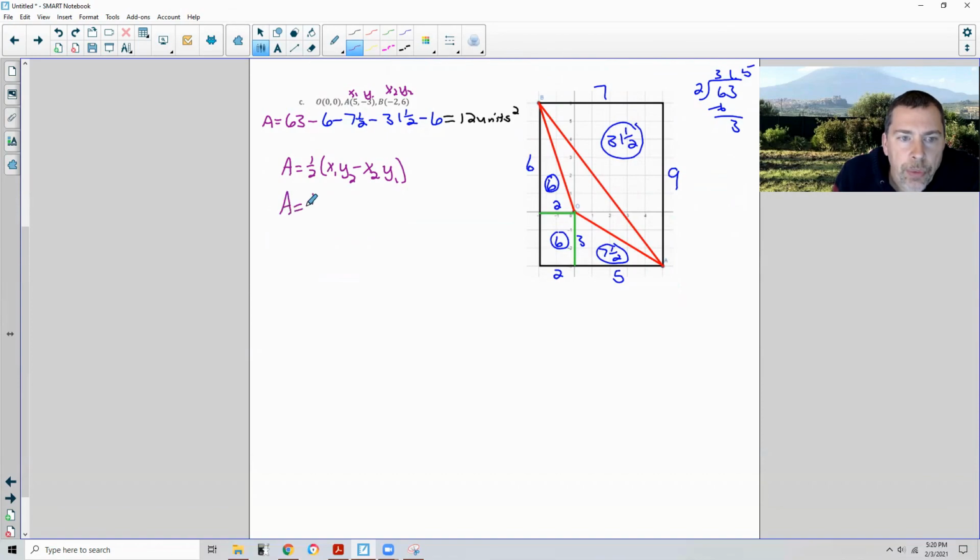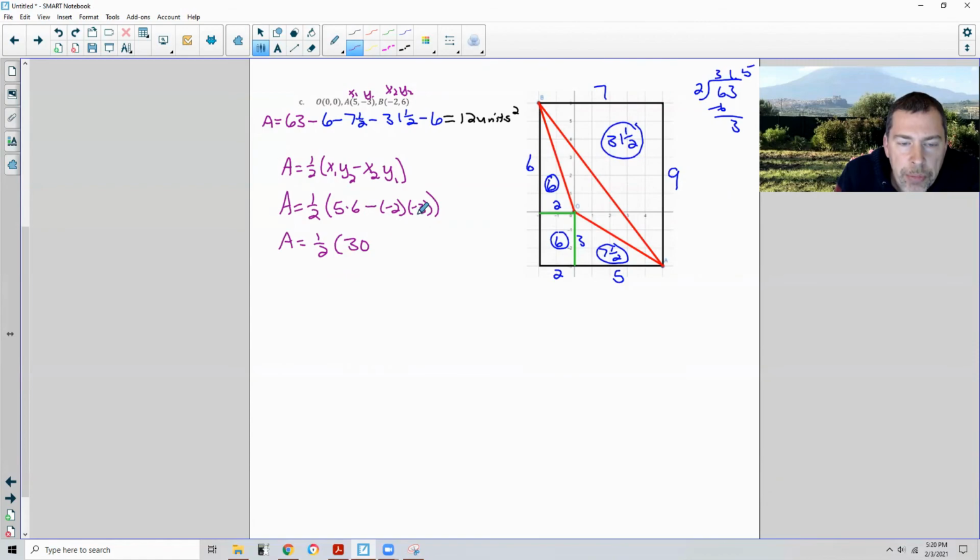A equals 1/2 x sub 1, 5, times y sub 2, 6, minus x sub 2, -2, times y sub 1, -3. Watch your signs. A equals 1/2, and 6 times 5 is 30.